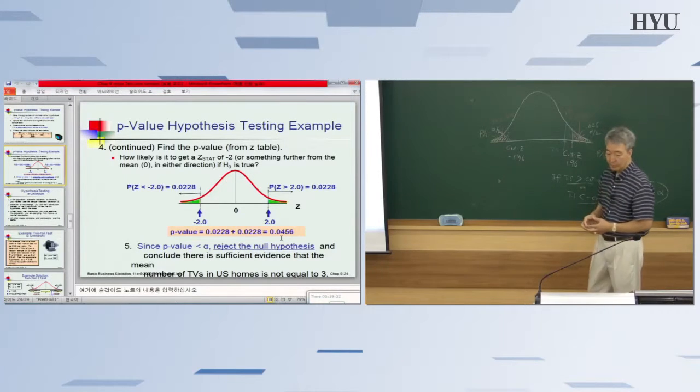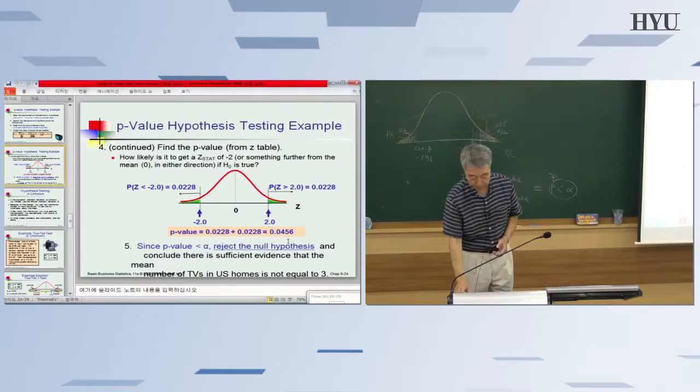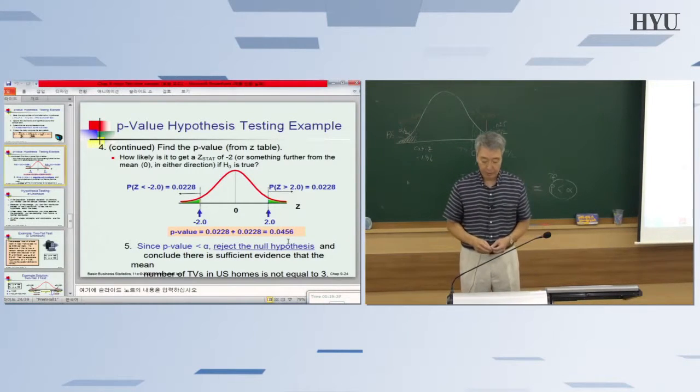Because what happens is, we found the p-value here is 0.0456, right? So if you use 0.05 as your alpha level, suppose you decided to use 0.05 as your alpha level, what should be your conclusion? Yeah.